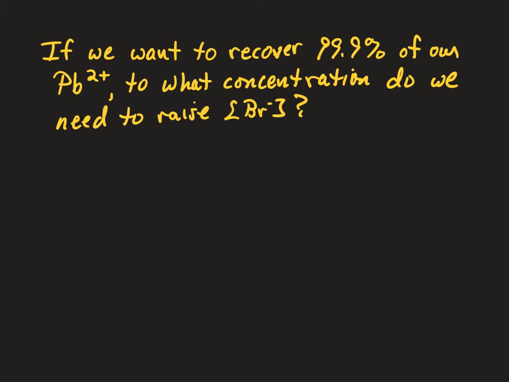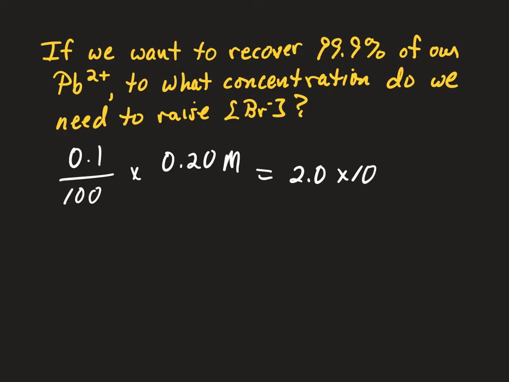Well, if 99.9% precipitates, then we want to have 0.1%, which is 0.1 over 100, left from the 0.20 molar that we had at the beginning, which means there would be 2.0 times 10 to the minus 4 molar lead ion left in solution when we reach that 99.9% recovery rate.